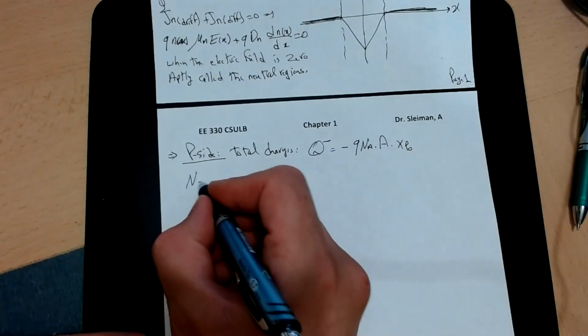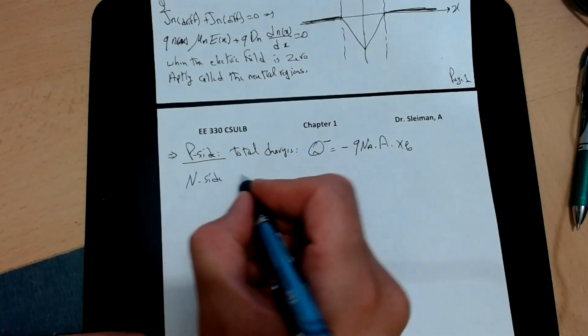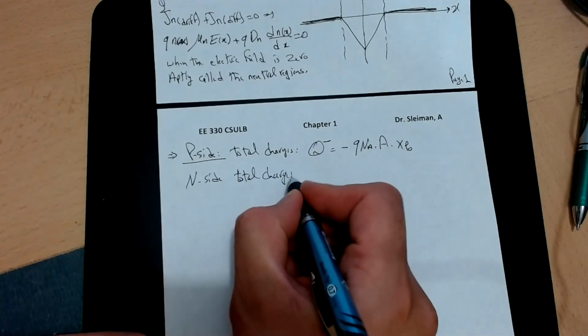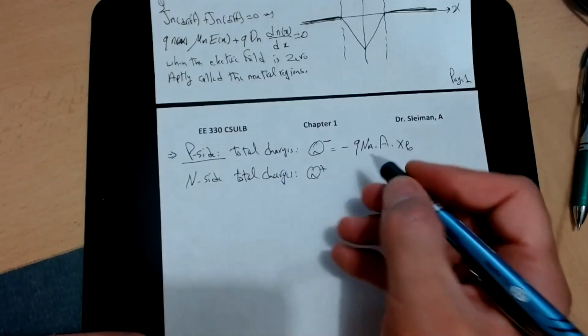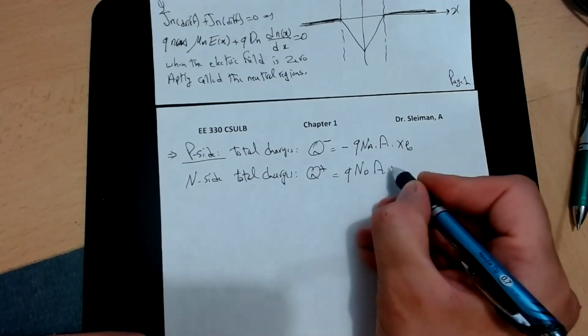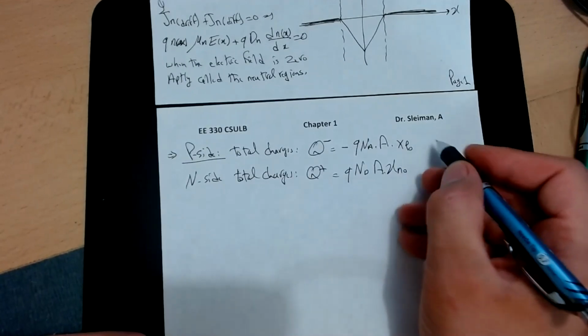And on the N side, the total charge is Q positive, equal to q ND times area and xn0.